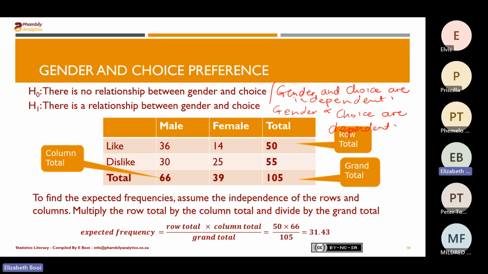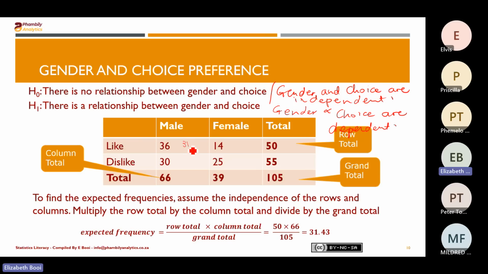To calculate the expected value for each, we're going to use the formula row total times the column total divided by the grand total. So for 36, it will be 50 times 66 divided by 105, and it will give us 31.43.